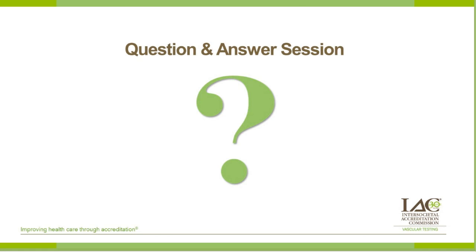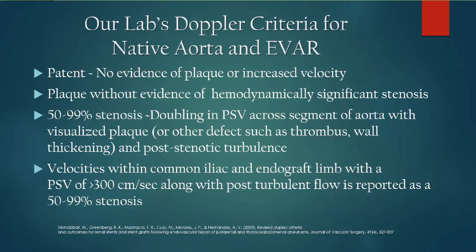So this is what our lab follows for calling stenosis within the aorta and within the limbs or the common iliac arteries. So doubling across the aortic segment or the stent graft, showing, of course, if there's a defect, thrombus, thickening, and poststenotic turbulence.